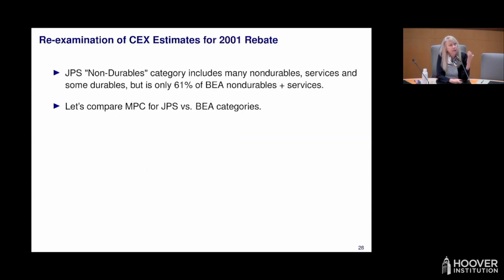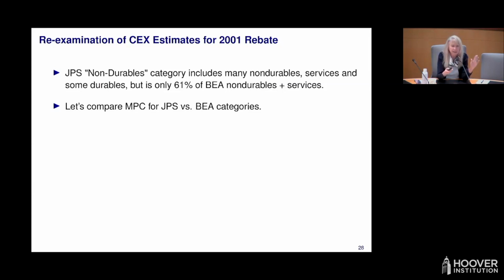All right. So the JPS non-durables categories, remember, include many non-durable services and some durables, but it's only 61% of the Bureau of Economic Analysis sum of non-durable goods plus services. So let's compare the MPC for their categories versus the BEA categories. We go to the replication files, but of course we have to draw the CEX data ourselves.